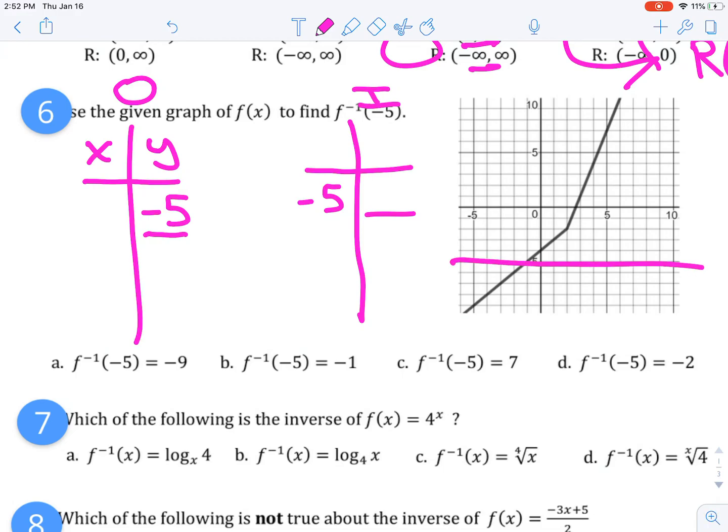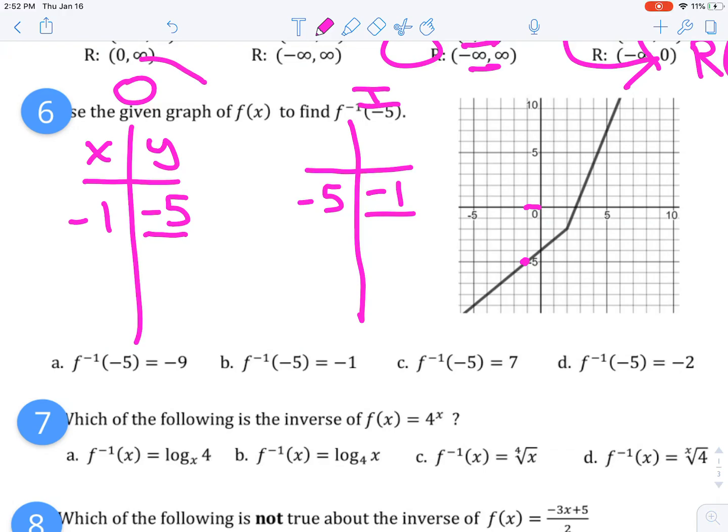Here's -5. What is x at that point? It would be -1. So it would be -1, -5 for the original, and then that means that the inverse is this, okay?